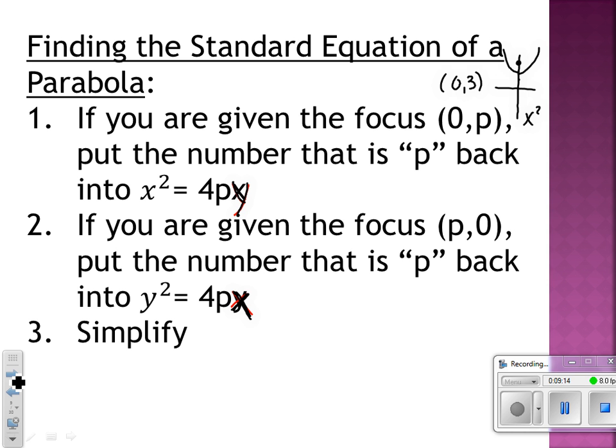Coming down here, let's say that we have 3, 0 as the focus given to us. All right, well 3, 0 is here. Now if that's inside my parabola, that means it must be a right opening or a left opening parabola in order for that to be inside it, and then I know I have to be using my y squared version. Okay, so hopefully maybe that little diagram helps you understand what we're trying to type up in this slide.